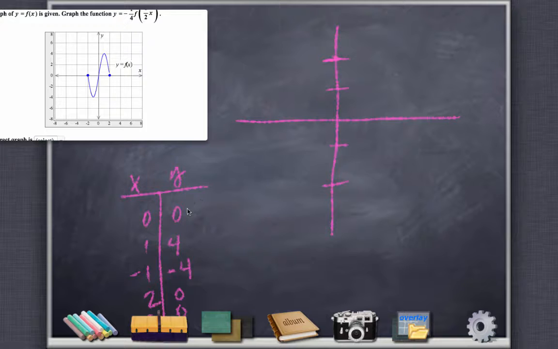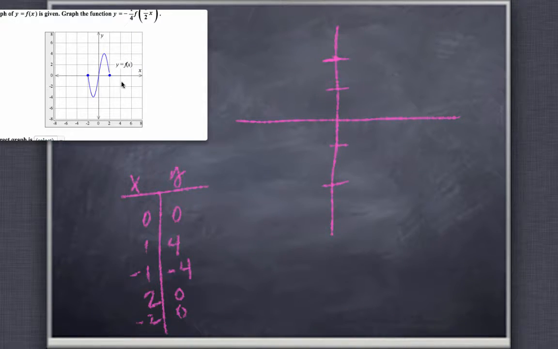Okay, so 0 for y, we have to do two things. We have to multiply them by a negative and a 1/4. So that stays 0. 4 times negative 1/4 is negative 1. Negative 4 times negative 1/4 is positive 1. 0 stays 0, 0 stays 0.